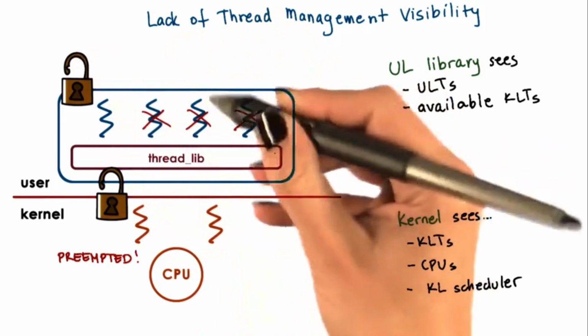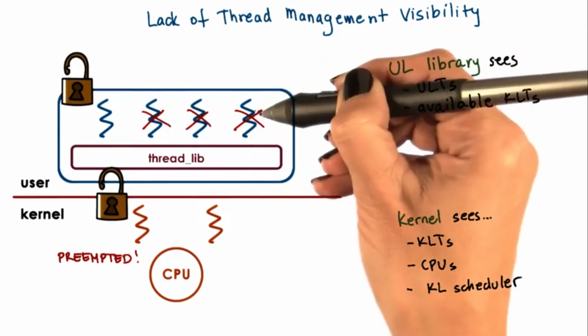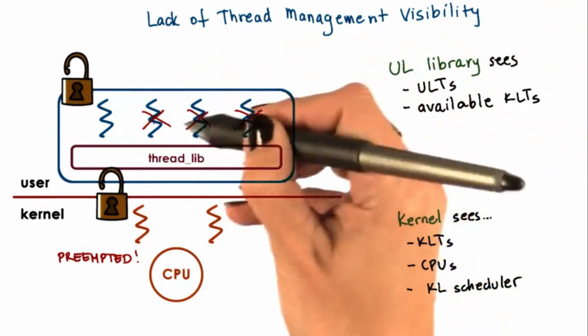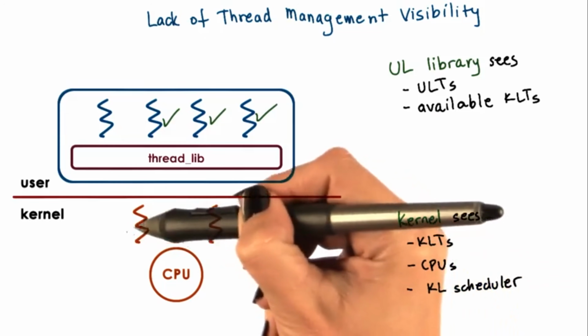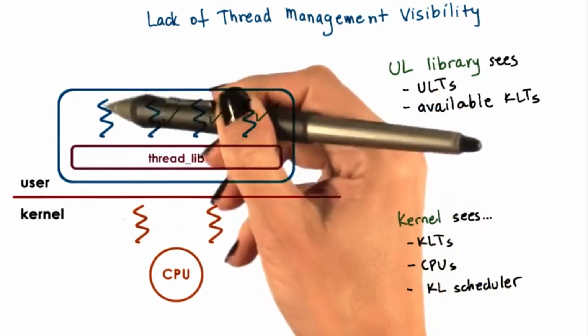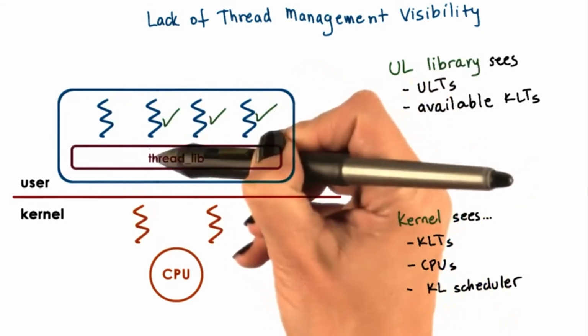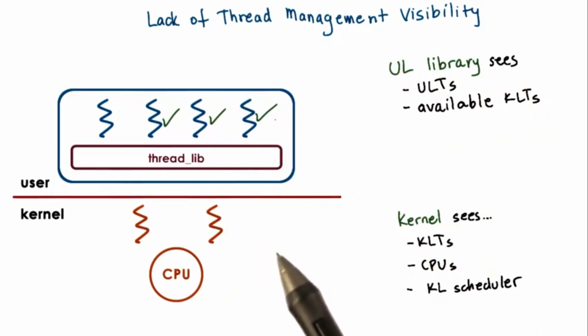As the user-level library scheduler cycles through the rest of the user-level threads, if they need the lock, none of them will be able to continue. So only after at the kernel level we schedule this thread again will the critical section complete, the lock will be released, and so subsequently the rest of the user-level threads will be able to execute.